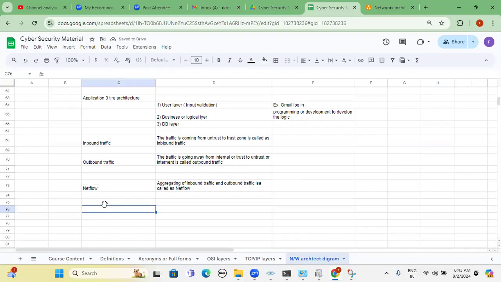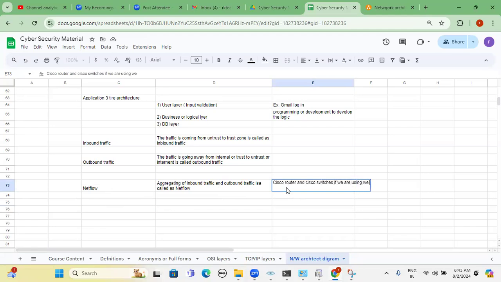Once again, in case we are using Cisco routers and Cisco switches, we call it net flow data.